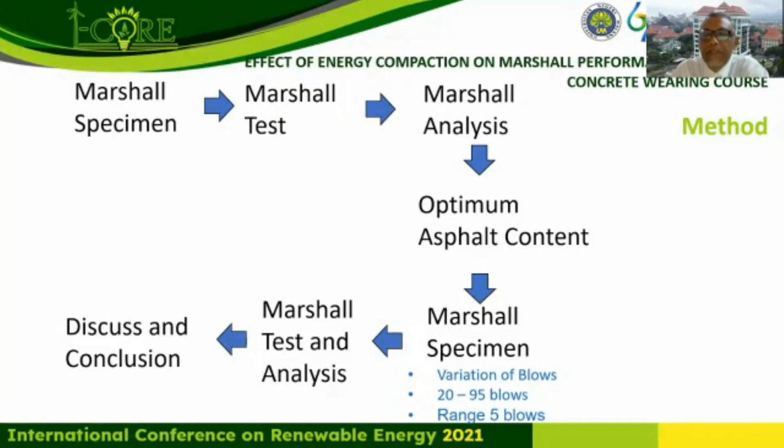At the optimum asphalt content, we create Marshall specimens with variation of blows, from 20 until 95 blows in steps of 5 blows. Then the results of testing are analyzed, and the last step is discussion and conclusion.